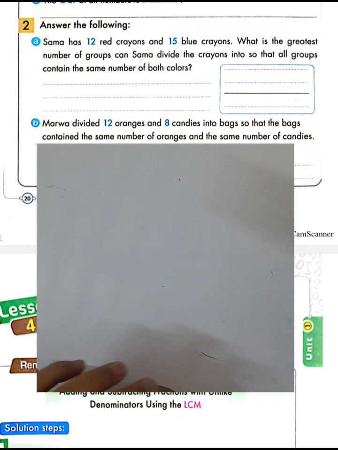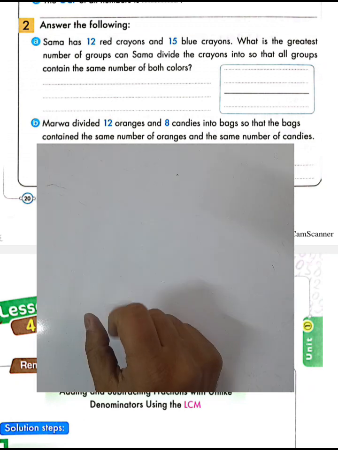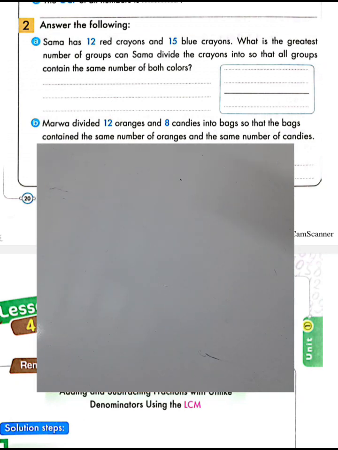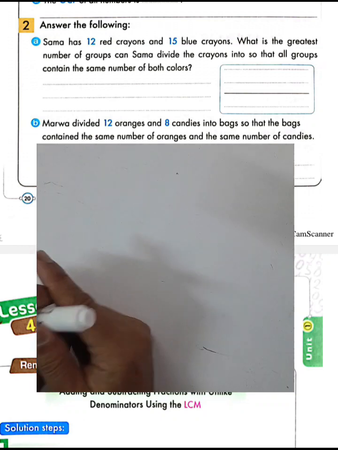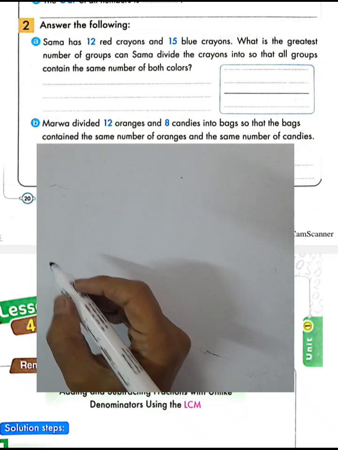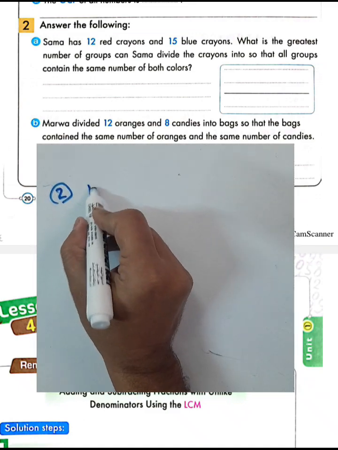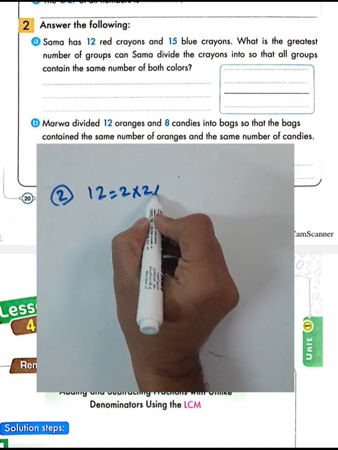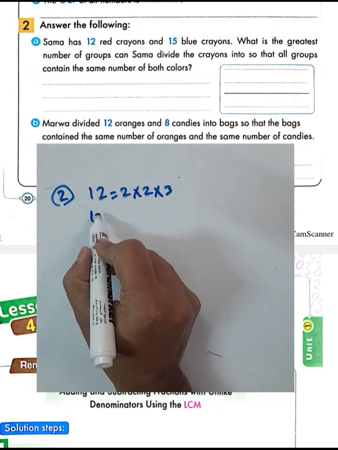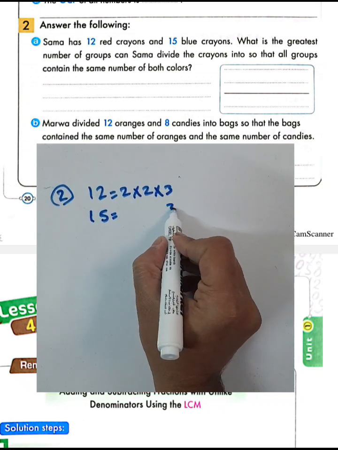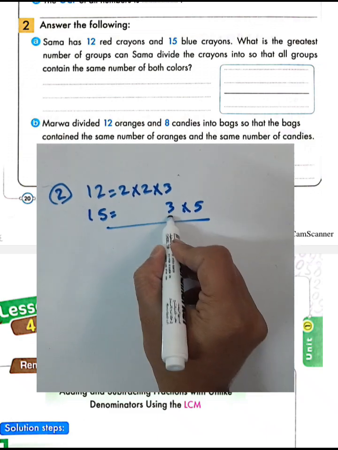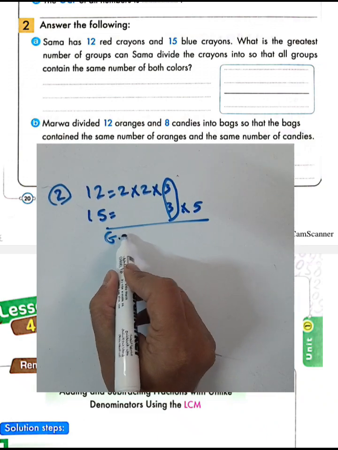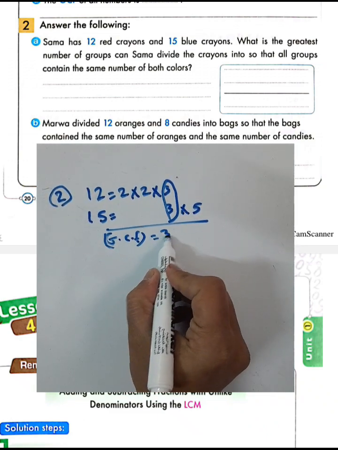We can use this method: first we factorize 12 and 15 and find the highest common factor between the two numbers. We know 12 equals 2 times 2 times 3, and 15 equals 3 multiplied by 5. The greatest common factor between them will be 3.